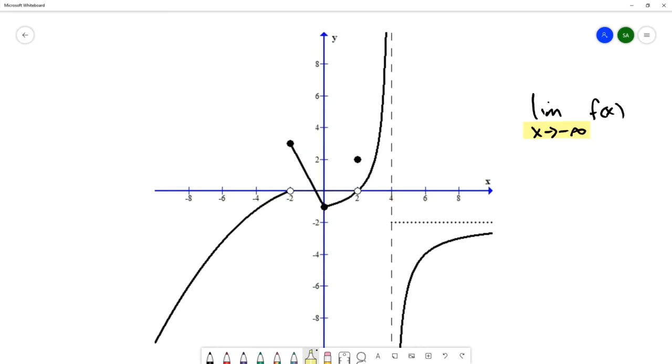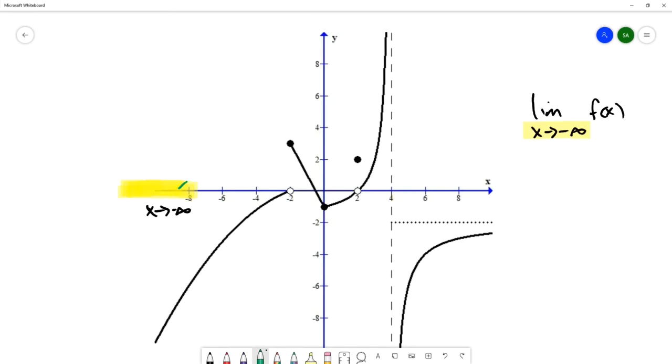X approaching -infinity. So -infinity is the idea of it going on forever in the negative direction. And so I'm going to look at the furthest left part of this graph to find x approaching -infinity.